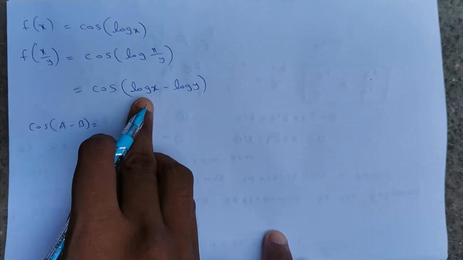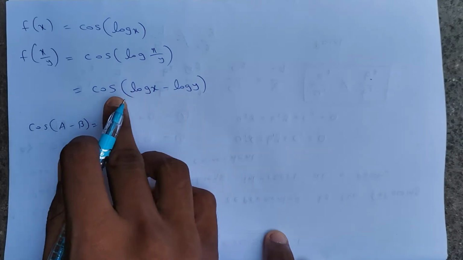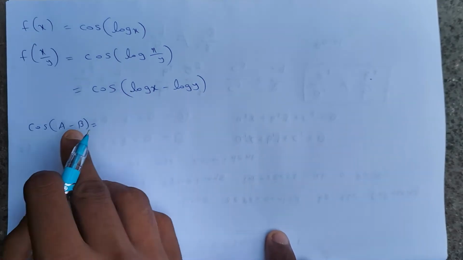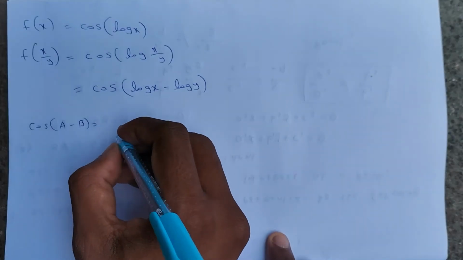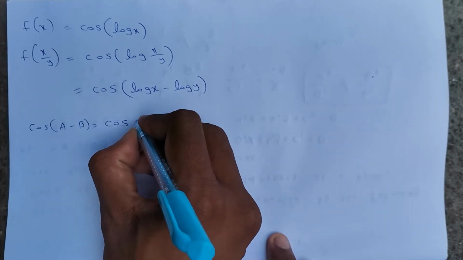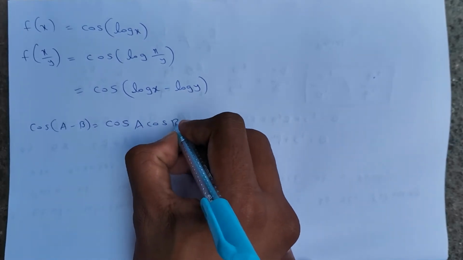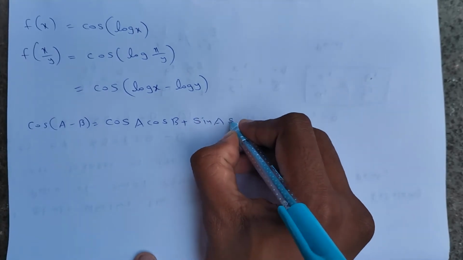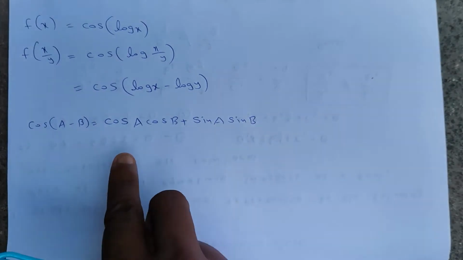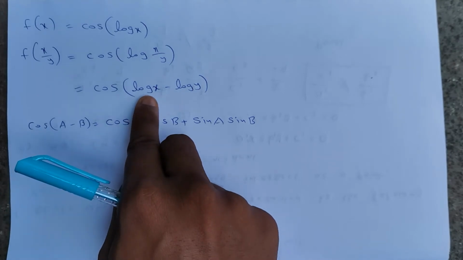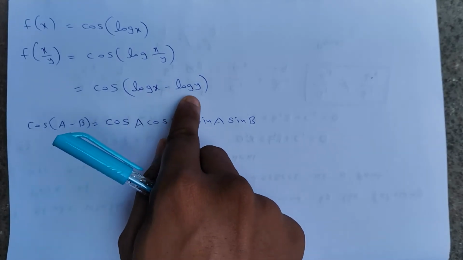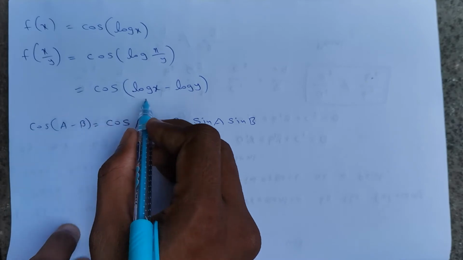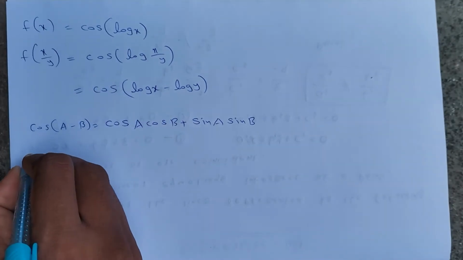Here a is nothing but log x, b is nothing but log y. What is the formula for cos of a minus b? Cos of a minus b is equal to cos a cos b plus sin a sin b. Wherever we have a, we need to substitute log x. Wherever we have b, we need to substitute log y. So cos of log x minus log y, that is nothing but f of x by y.